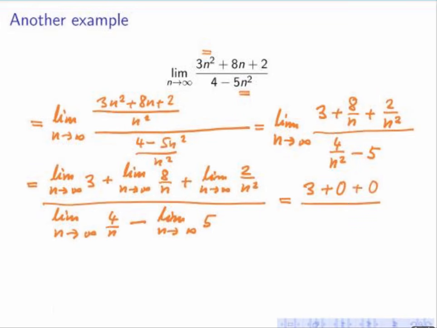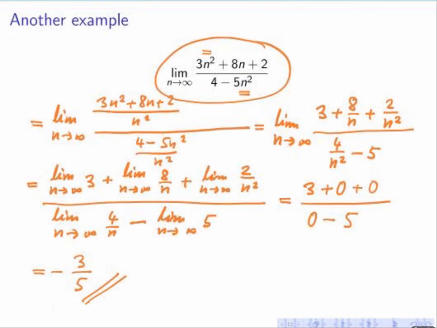So this is gone. In the denominator, we have the limit of 4 divided by n squared, which goes to 0. And then we have the limit of 5, which is 5. So all of a sudden, we come up with a very nice number, minus 3/5. And this is our limit. So we could compute the limit of this very complicated expression here.